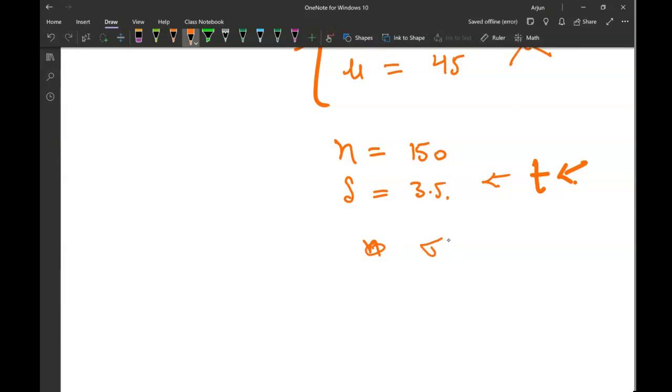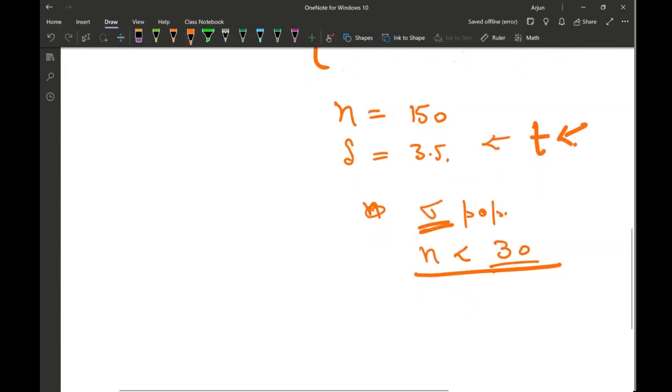Other than that, let's look into one more. If the standard deviation of the population is given to you and the sample size is less than 30, can I use the Z distribution? No, I cannot use the Z distribution.